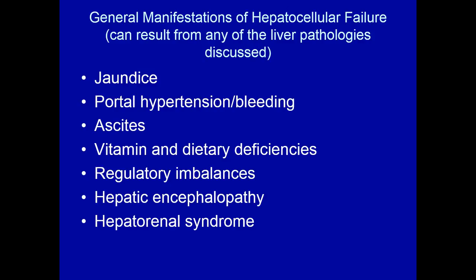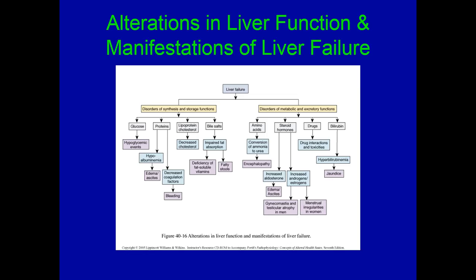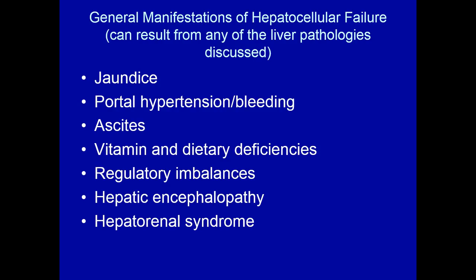Now, the next thing I want to talk about is some general manifestations of hepatocellular damage or failure. Coming right off of what are the problems, I want to talk about some common issues you're going to see with any liver issue, and then we get into specific liver disorders.